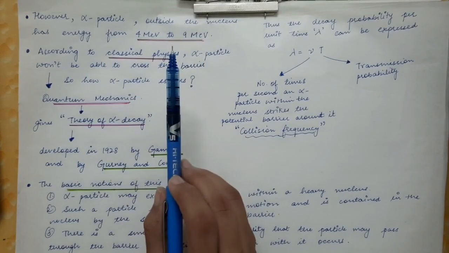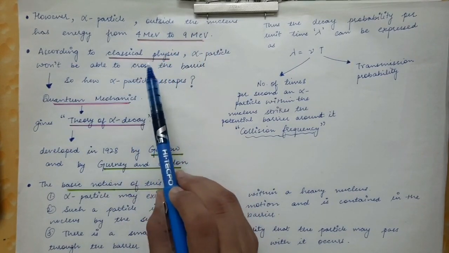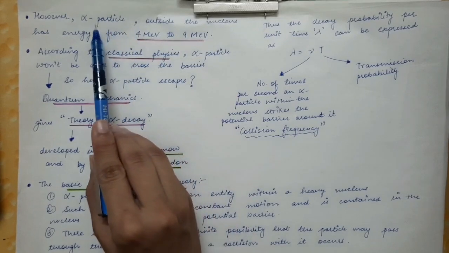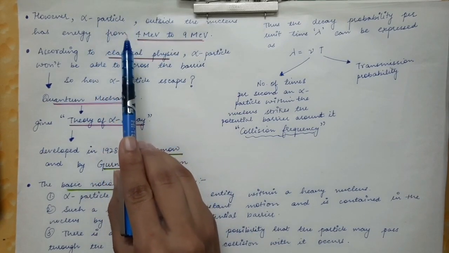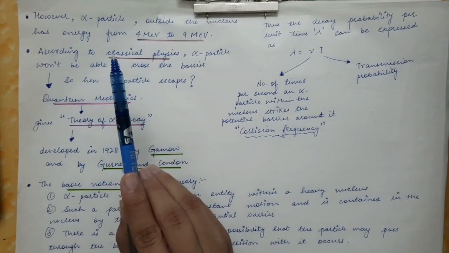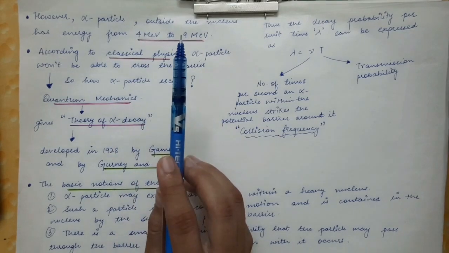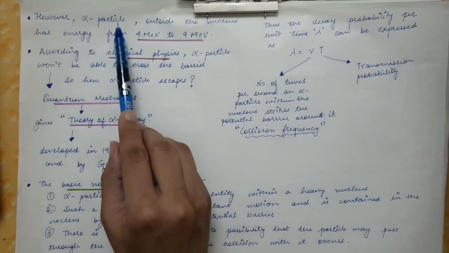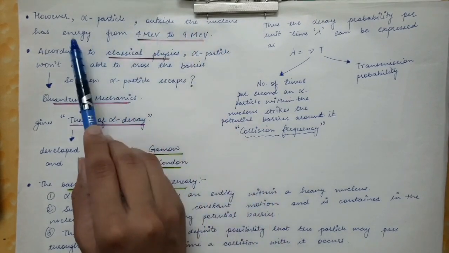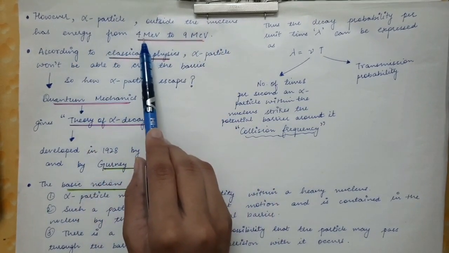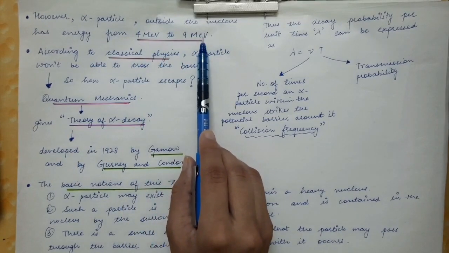But just before we had told you that the alpha particle requires a minimum energy of 25 megaelectron volt to escape the nucleus. But outside the nucleus, it is found that it has energy of about 4 to 9 megaelectron volt.